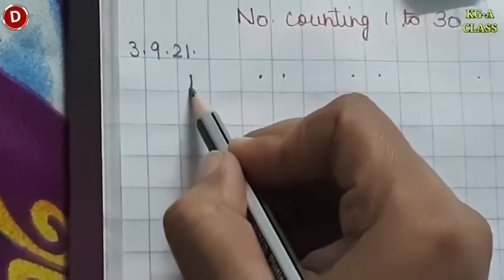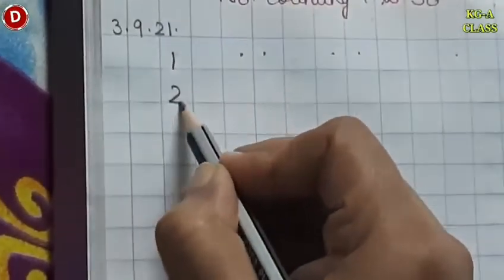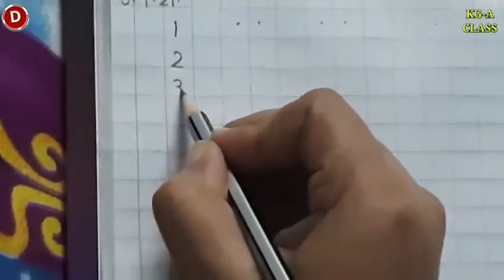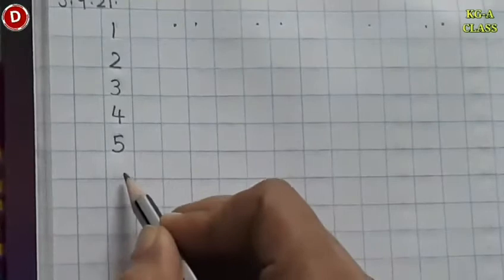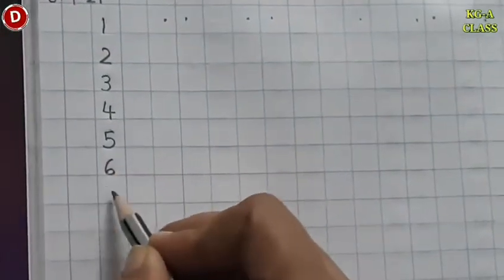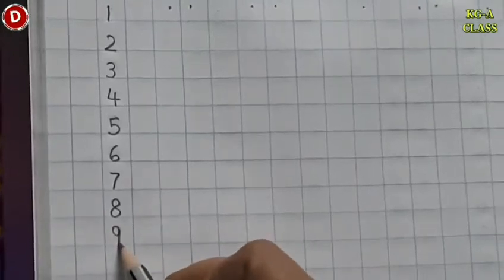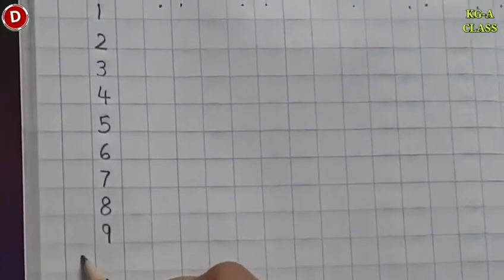Now we will write number 1, then 2, 3, 4, 5, 6, 7, 8, 9 and after 9 comes 10. So 1 will come here and 0 will come below 9.